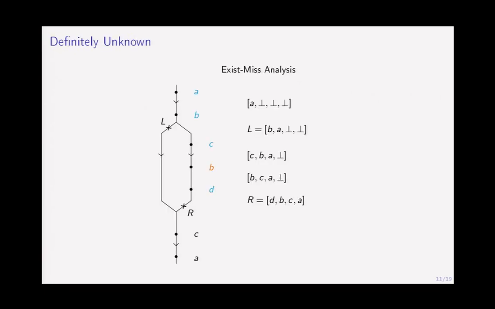So here is how it performs for the exist-miss analysis on our example. It runs similarly to the May analysis, but this time when you perform the join, you can keep the maximum instead of the minimum of the 2 bounds, because you only need the bounds to be valid on one of the 2 paths.